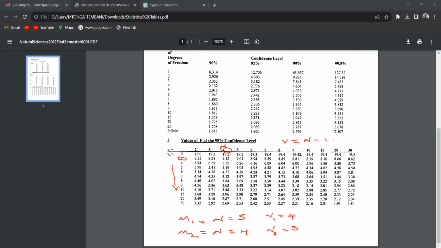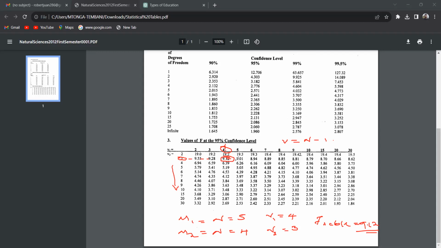Then you check where the two are meeting. Where these are meeting, that is your F tabulated, which is equal to 9.112. You get it from the table.